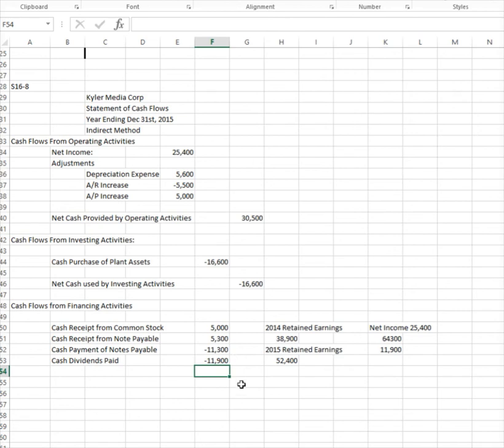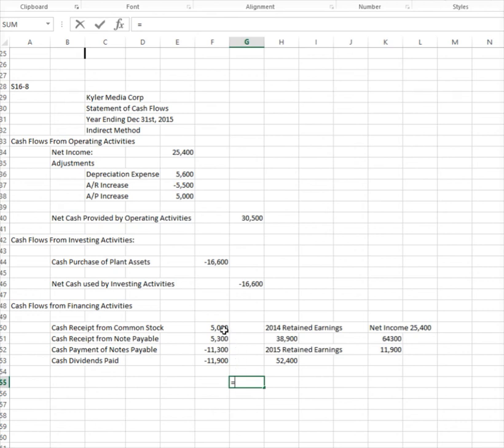Okay, and so these, if you look up and down the comparative balance sheets and the income statement, end up being all of the cash flow relevant transactions from financing activities. So we will just total those out.